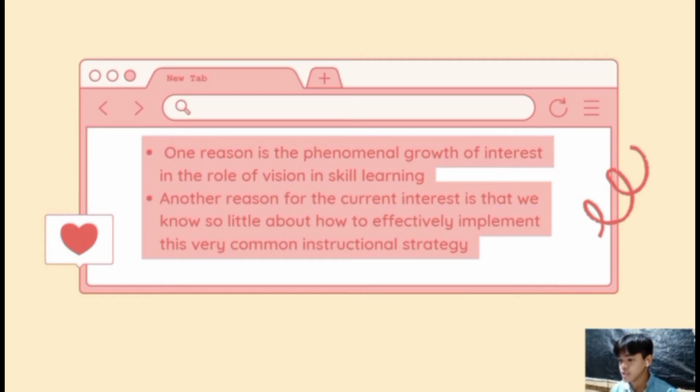Another reason for the current interest is that we know so little about how to effectively implement this very common instructional strategy. Because of this gap, researchers are starting to study this topic, the demonstration.